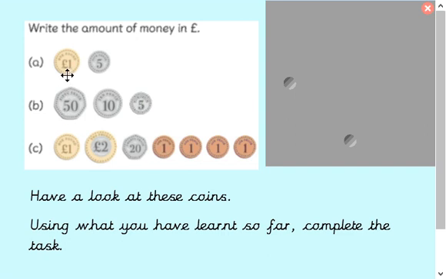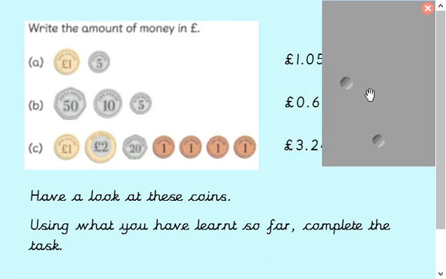Okay, this particular number here, we've got £1 and 5 pence. We would write that as 1 whole pound and then 5 hundredths, 5 pence. You can see here that we've got 50 pence, 60 pence, 65 pence. If we're going to write that in pounds, there are no pounds, but we have 65 pence.